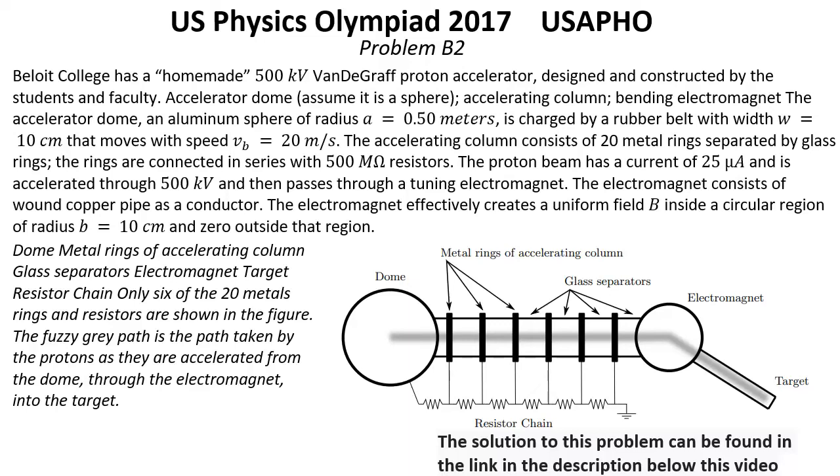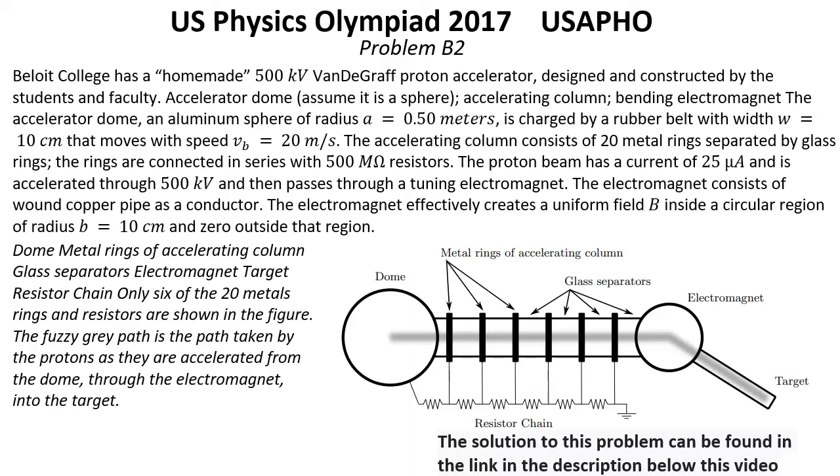The accelerator dome, an aluminum sphere of radius a equal 0.5 meters, is charged by a rubber belt with a width w equal 10 centimeters that moves with a speed v_b equal 20 meters per second.